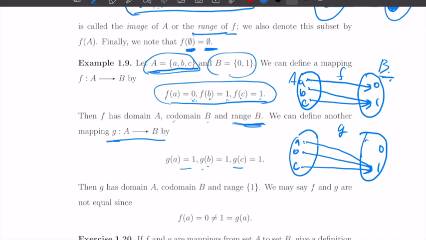So every element of A is sent to 1 in B. So in this case, the domain is again A, the codomain is again B, of course, but the range in this case is the set of only one element, 1.